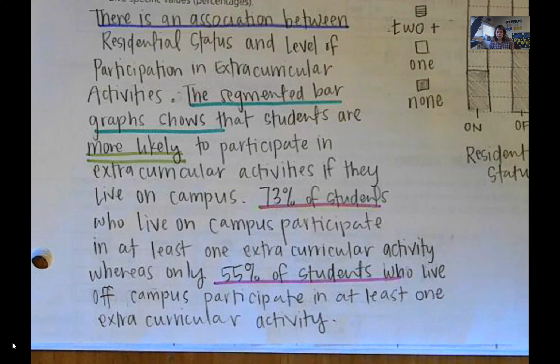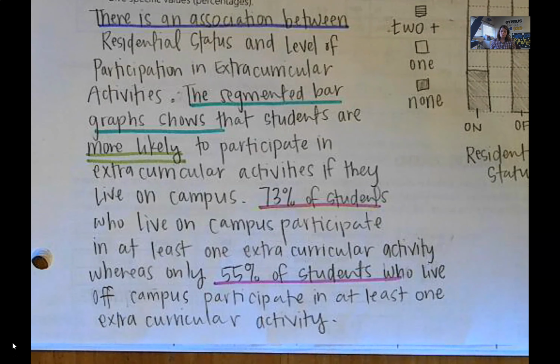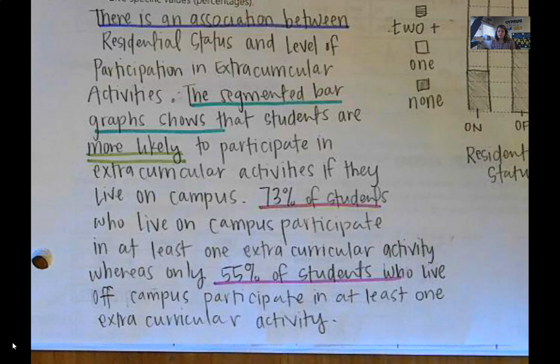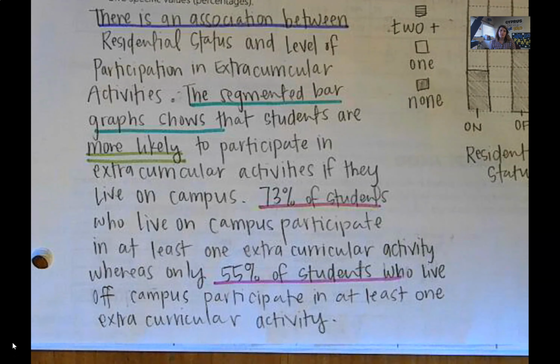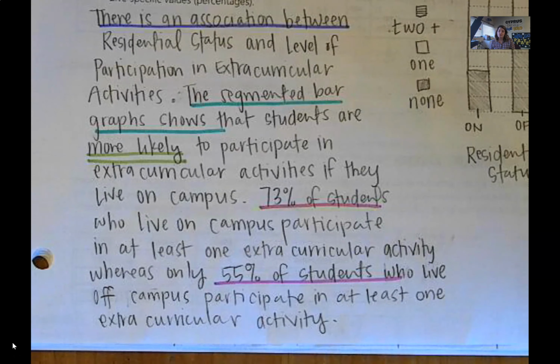You could also say the segmented bar graph shows that you are more likely to not participate in extracurricular activities if you live off campus. And then you would say 45% of students who live off campus participate in no extracurricular activities, whereas 27% of students that live on campus participate in no extracurricular activities.